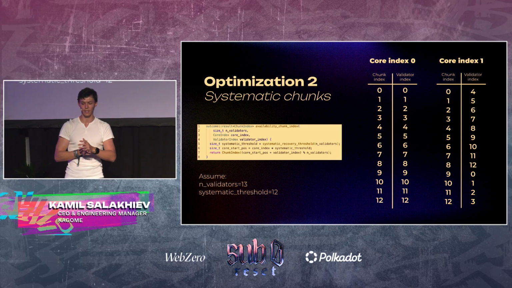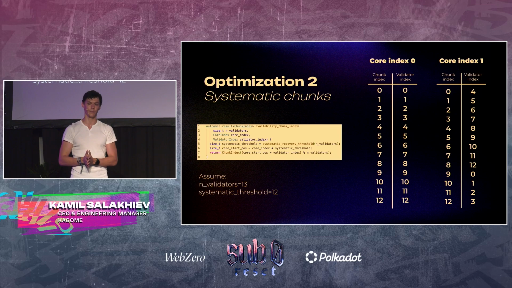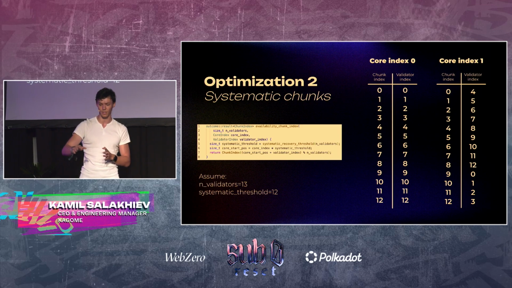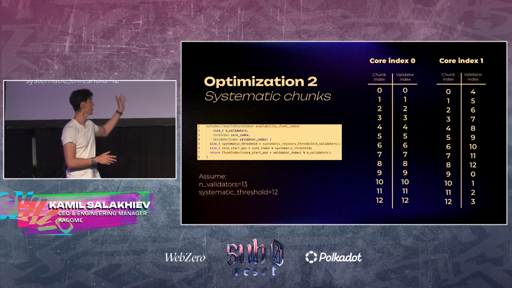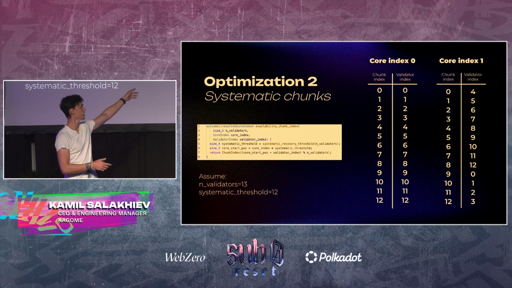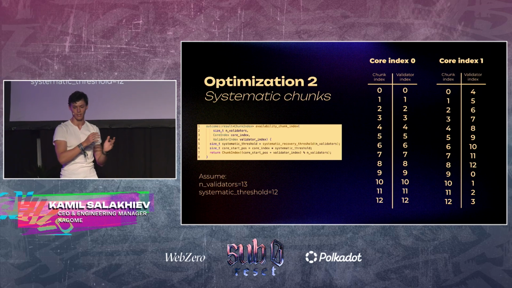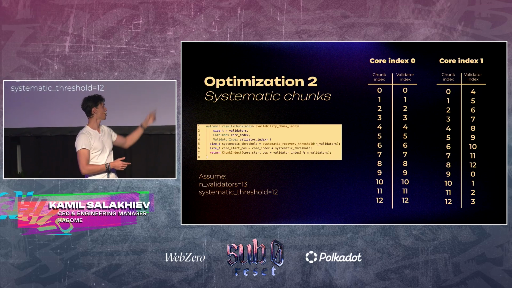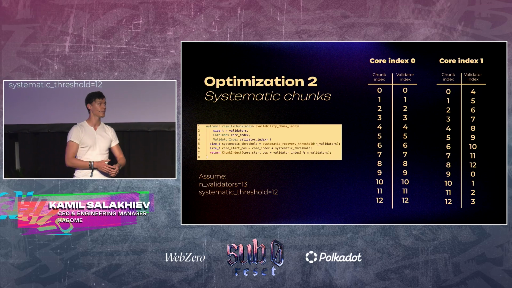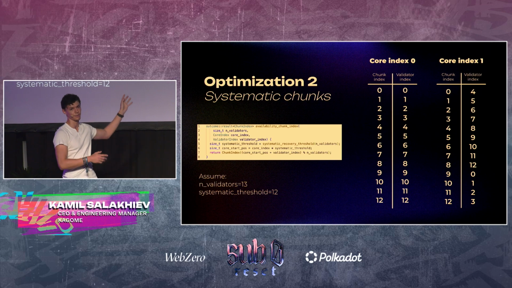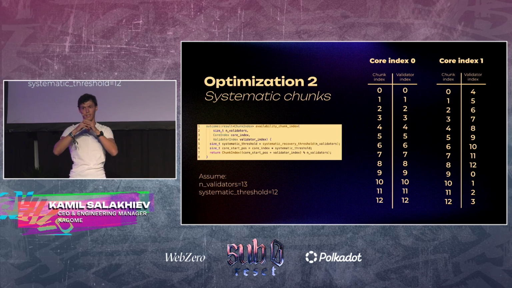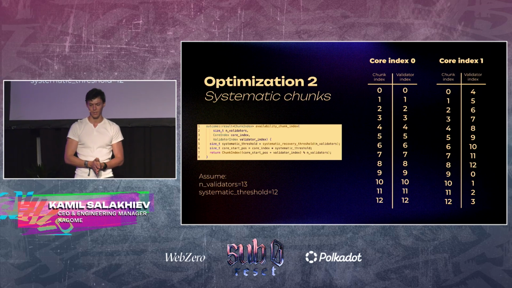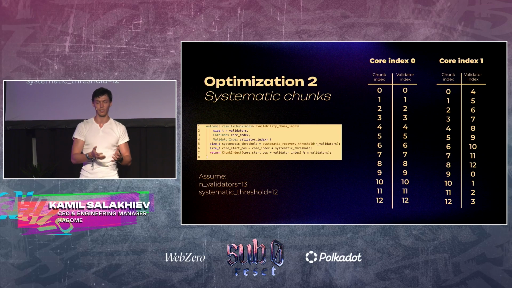It also depends on the core index. For example, for core index 0, it's a one-to-one matching between validator index and chunk index. In the case of core index 1, chunk index 0 is stored by the validator with index 4. So we have this shift by 4 because our original data has size 4. That's how chunk rotation works.